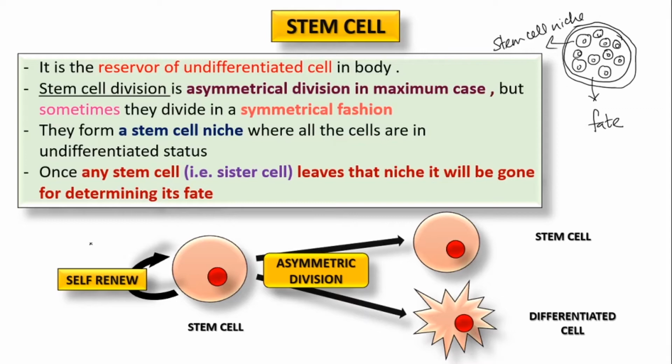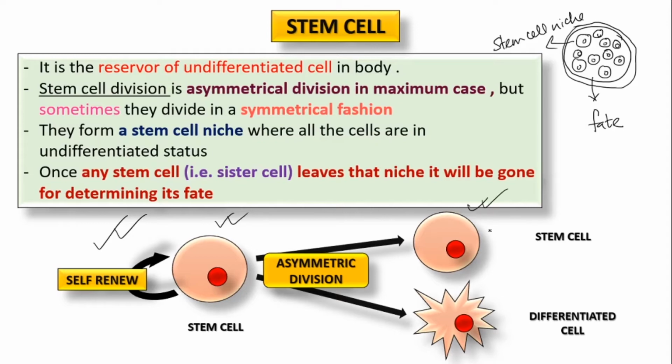Asymmetric division, as you can see in this figure, is this fashion: as it is a stem cell, upon division one cell is formed exactly like the stem cell and another cell is formed as a differentiated cell, which differs from the stem cell entirely. So this is known as asymmetric division.